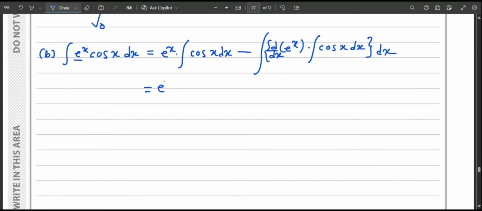So simplifying, we get e to the power of x into the integration of cos x, which is sin x. Then we have minus the integral of the differentiation of e to the power of x, times the integration of cos x, which is sin x, dx.